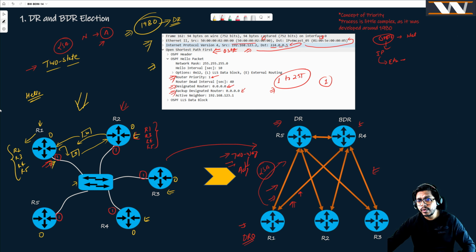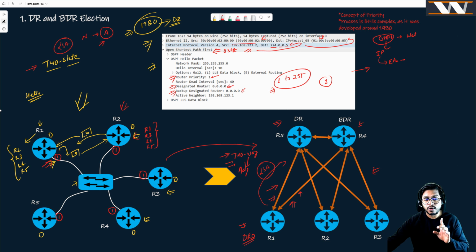So what OSPF says is that if you want to take part in OSPF, then you should have some priority value. OSPF's default nature is to put router priority value 1 on all the router interfaces.